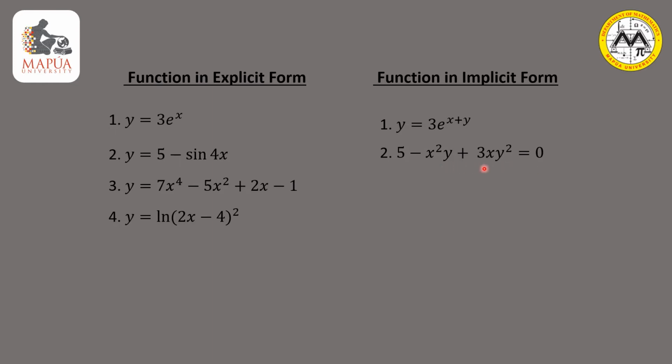Again, as you can see, there are terms here that involve both x and y. Or we have x squared plus 4xy squared is equal to 4y. Or we have the form tangent of xy is equal to 2 plus xy.